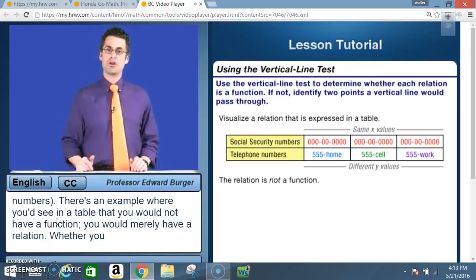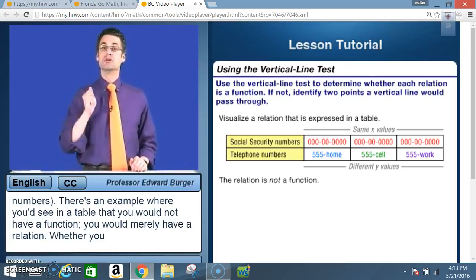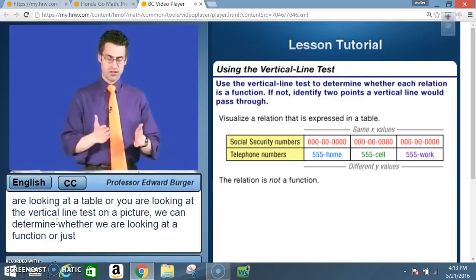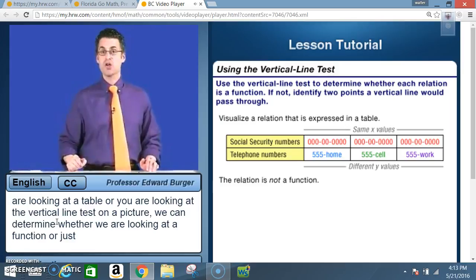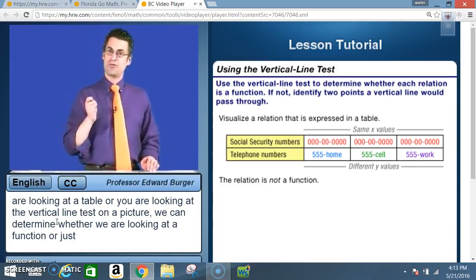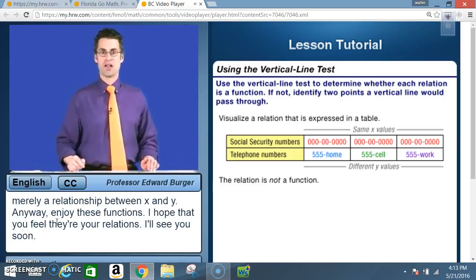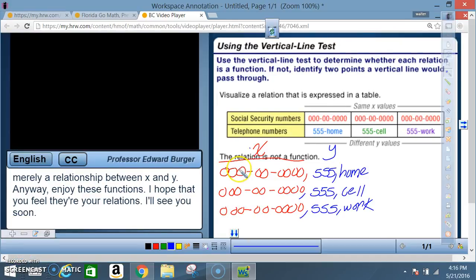That's an example where you'd see in a table that you would not have a function, you would merely have a relation. Whether you're looking at a table or at the vertical line test on a picture, we can determine whether we're looking at a function or just a relationship between x and y. Anyway, enjoy these functions, and I hope that you feel that they're your relations. I'll see you soon.